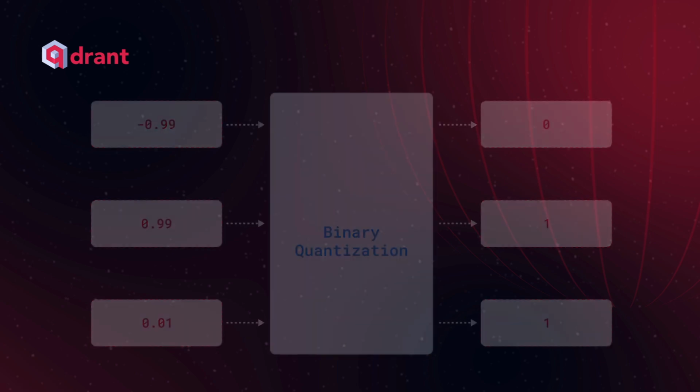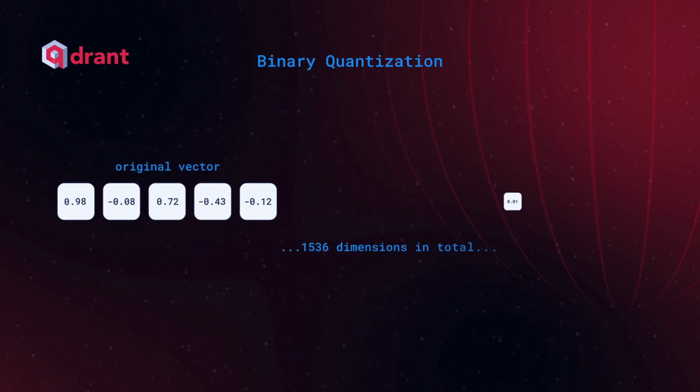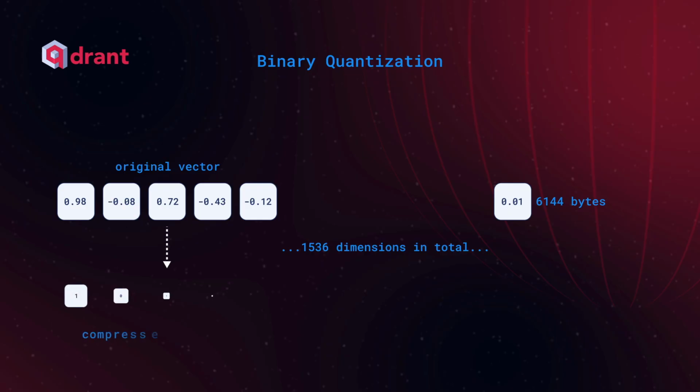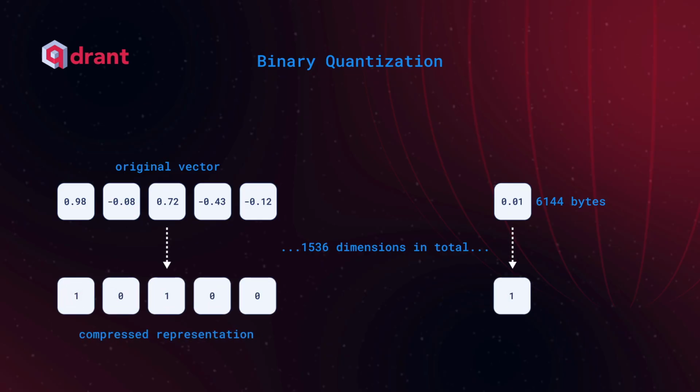So let's go back to our initial example of 1,536-dimensional vectors that require 6 kilobytes of memory, which is 4 bytes for each float32 value. After binary quantization, each dimension is reduced to 1 bit, which is 1/8 of a byte. So the memory required now is 192 bytes. This is a memory reduction of 32 times.